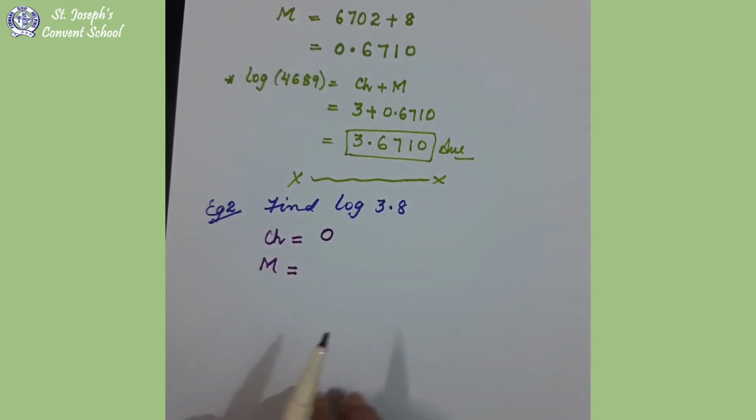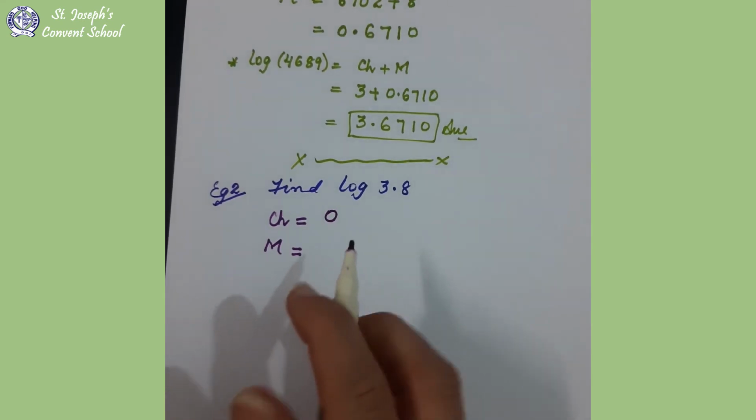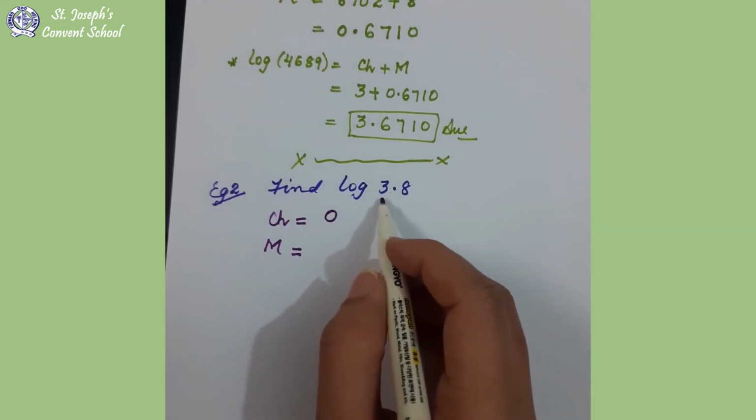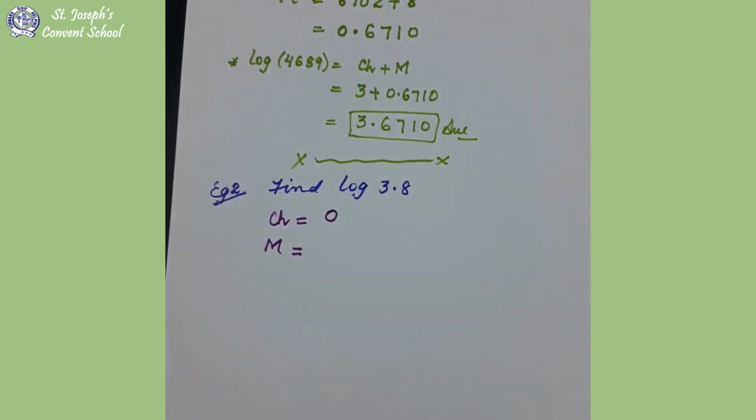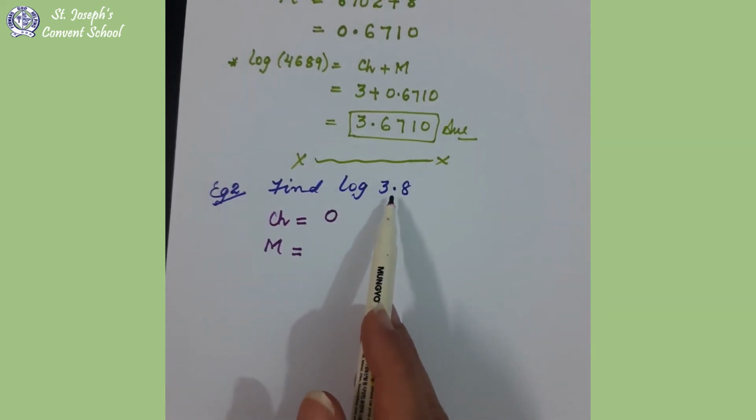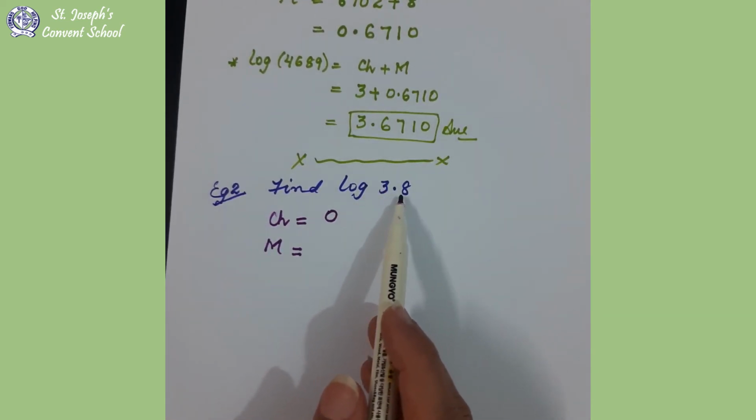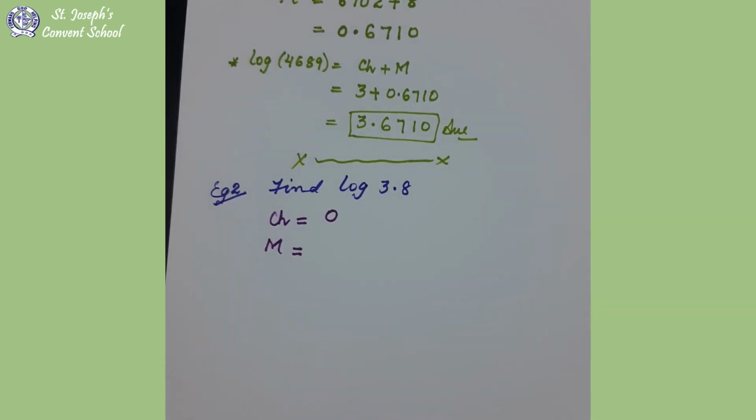Now the next step is to check the value in the log table. You have to ignore the decimal, because you cannot check the single digit 3 in the table. You need 2 digits to find the value in the table. So we will ignore the decimal and take 38. Now 38 is in the first column.